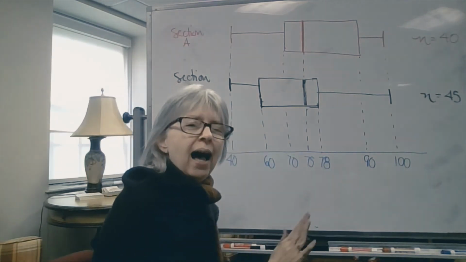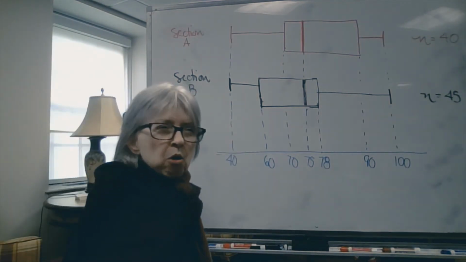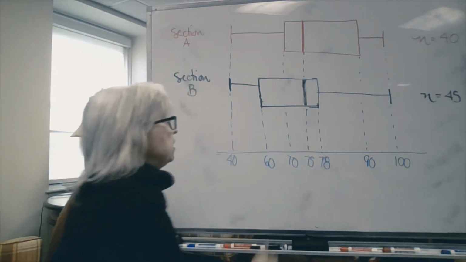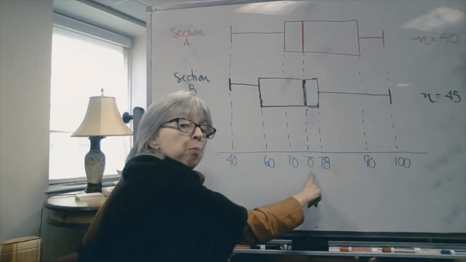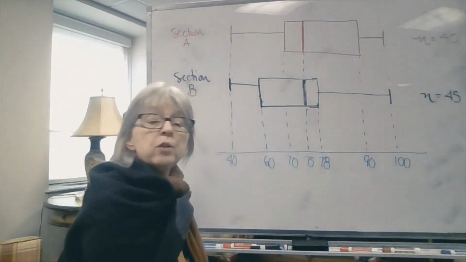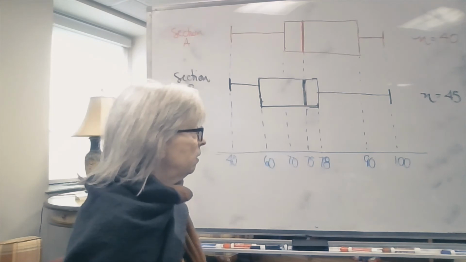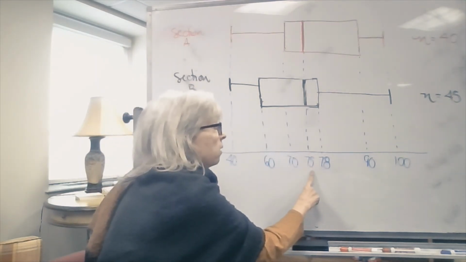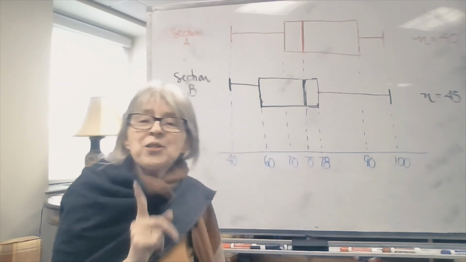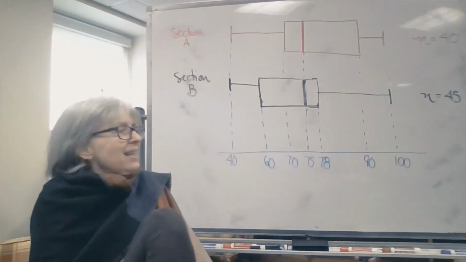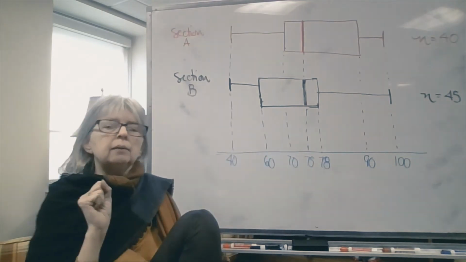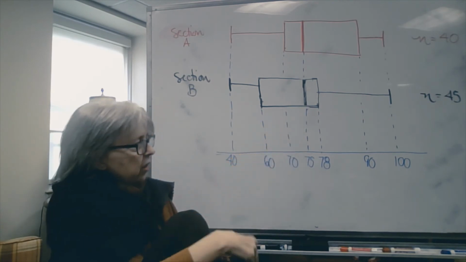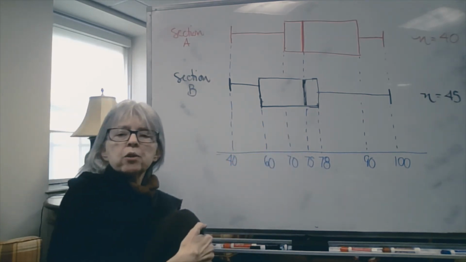An unusually high score in comparison to most of the rest of the class, because half the class scored between 70 and 60. The halfway point, the midpoint of all the data values is 75. So 50% of my students made 75 or higher. But I also know that the mean is going to be affected by that higher score that's hanging out over there, making that right-hand whisker too big.